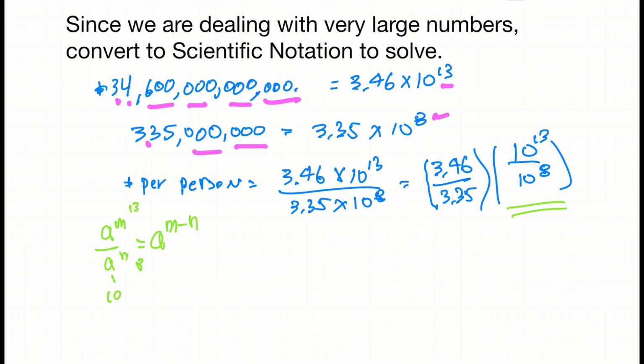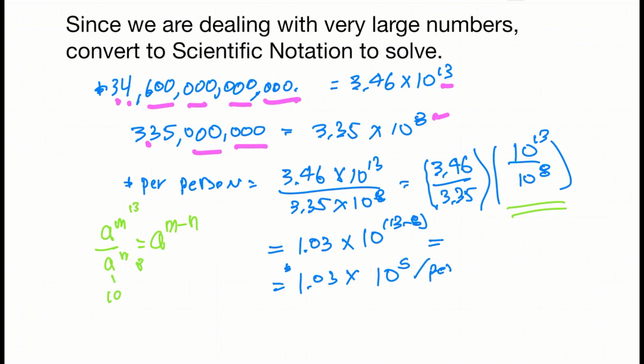So let's continue on with that. Taking this ratio over here, the 3.46 divided by 3.35 is just 1.03. Now we multiply by the 10 to the 13 minus 8. And what we're going to get is 1.03 times 10 to the 5th. And that's going to be dollars per person.